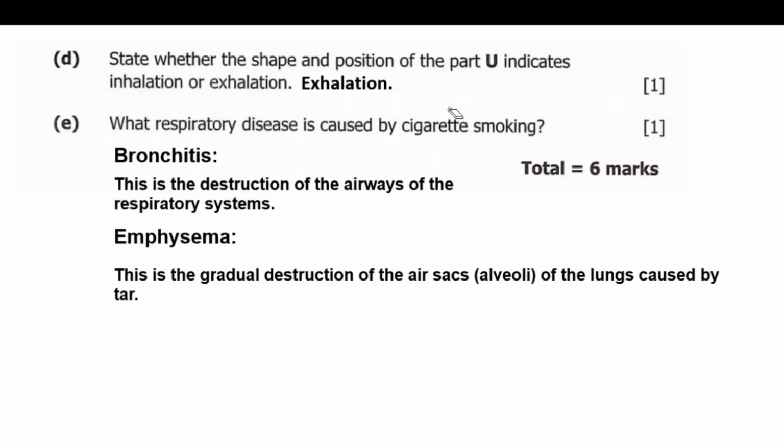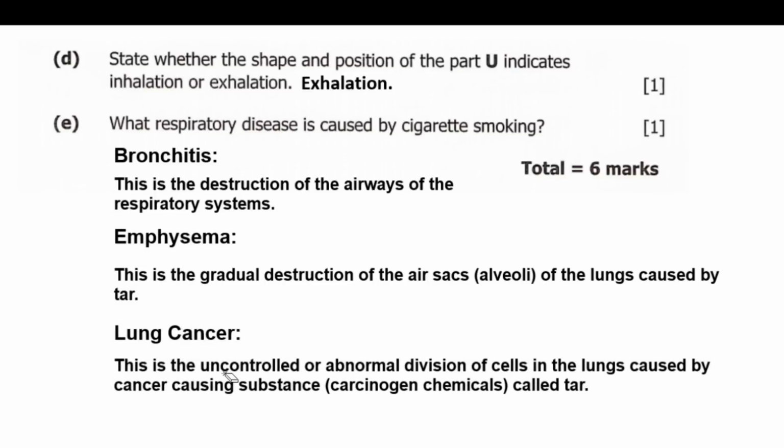In cigarette smoke, there is a chemical compound called tar, and tar causes the destruction of air sacs or alveoli, and that disease is called emphysema. Then another one is lung cancer. This is the uncontrolled or abnormal division of cells in the lungs caused by cancer-causing substances, also called carcinogens.